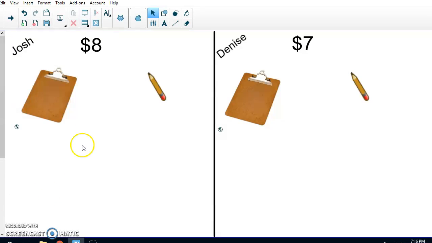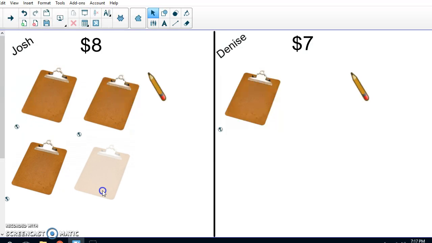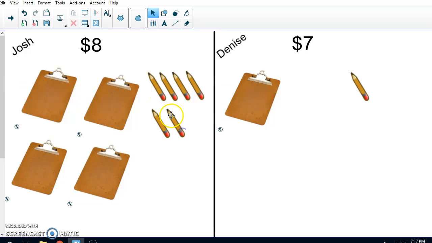We're told that Josh has purchased 4 clipboards, 1, 2, 3, 4, and 8 pencils. 1, 2, 3, 4, 5, 6, 7, 8.